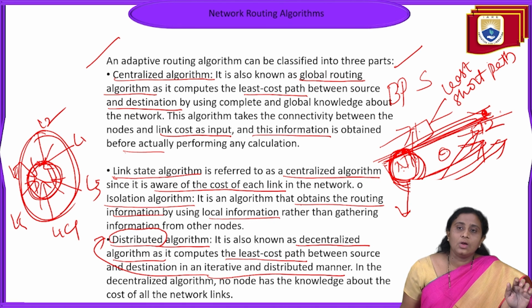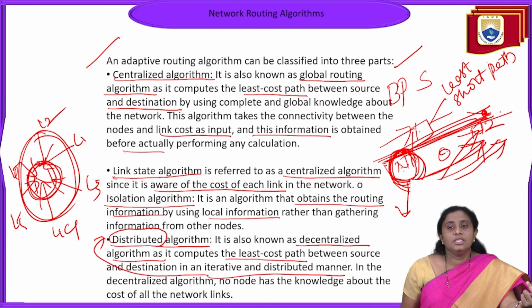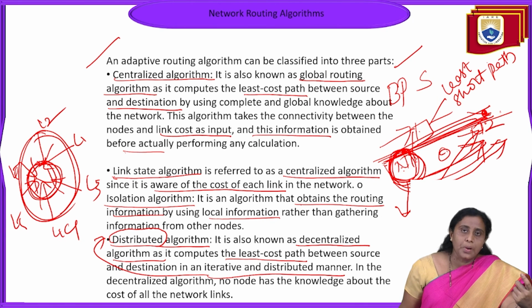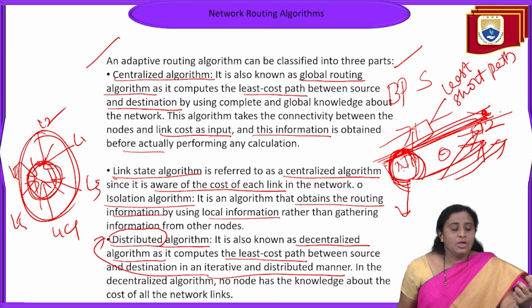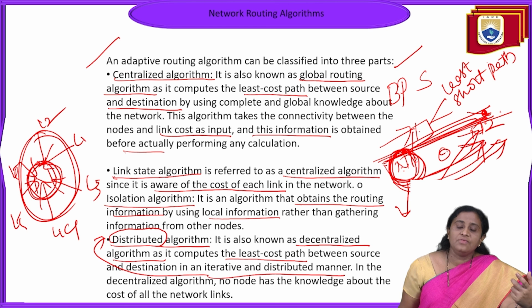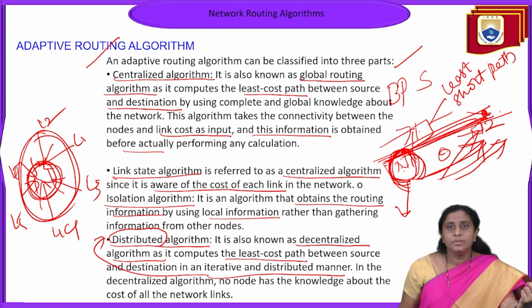Coming to the distributed algorithm, it is decentralized, working through a number of iterations in a distributed manner, which is used to determine the least cost path or the shortest path whenever a data packet wants to travel from one node to another node.